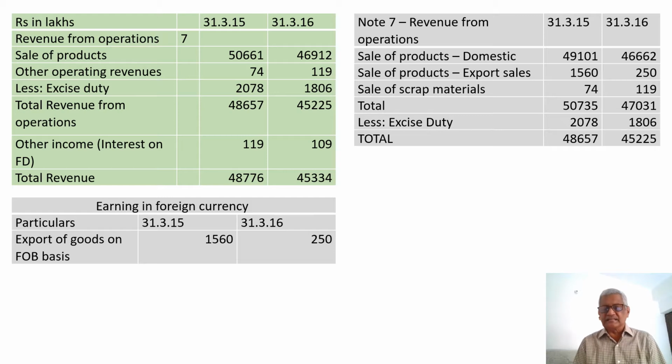This export sales data can be derived from the note itself, where there is a separate heading called earning in foreign currency. Say it is given as on 31/3/15, the export of goods on FOB basis was 15.60 crores, and for the last year, that is 31/3/16, it was 2.5 crores.